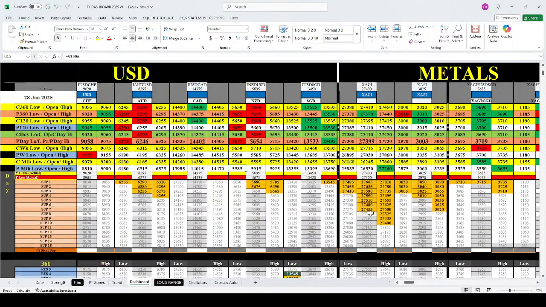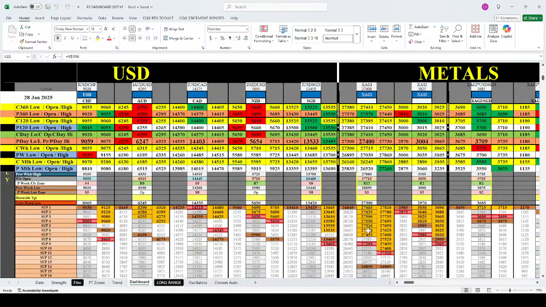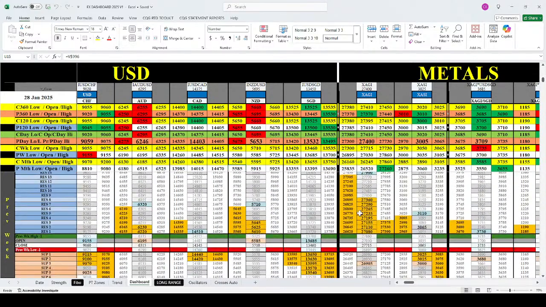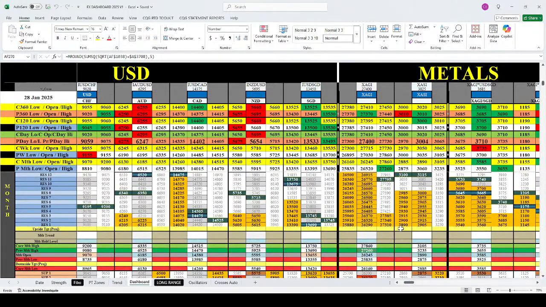Then weekly and previous week. Weekly says there is a support at 22 and 15. Then your previous week says 30 and about 23. So 23, 25 are the support, and finally monthly.